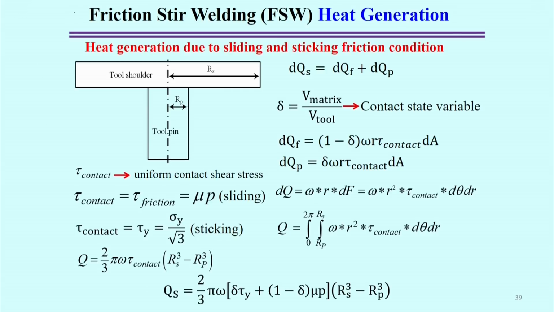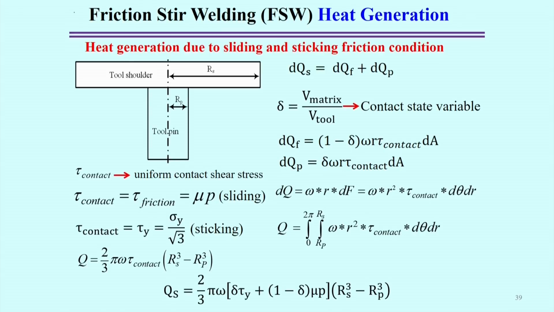Sticking friction means that at a certain part the metal sticks with the workpiece material, but not necessarily are all contact surfaces in either sticking or sliding condition. Maybe the very initial part is in sliding mode, and the remaining part is sticking with the workpiece material.